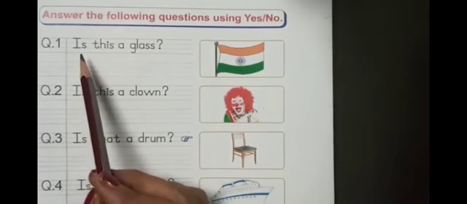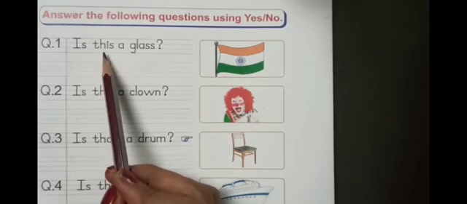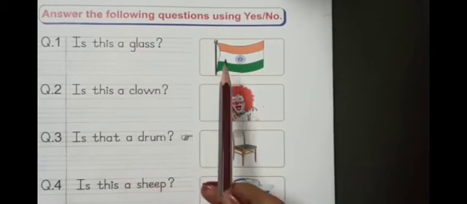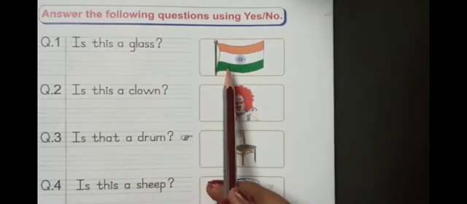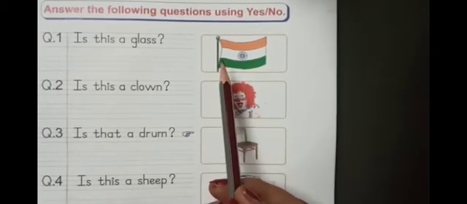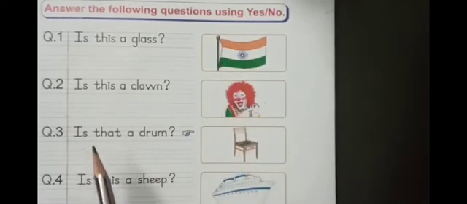The first question. Is this a glass? As this is not a glass but a flag, so we shall write no, this is a flag.